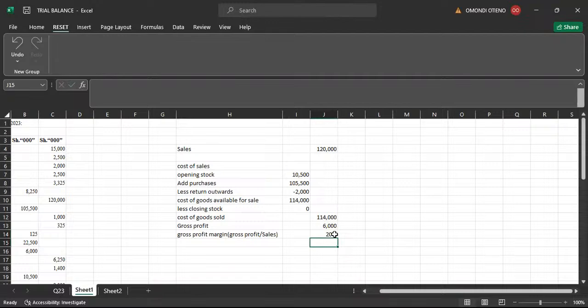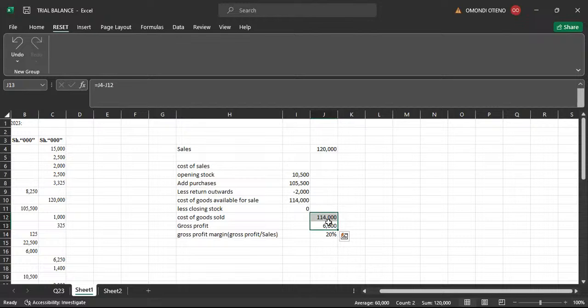So this value here, this 6,000, should be 20% of sales, which means our cost of goods sold should be the remaining percentage. If I add gross profit back to cost of sales, I should be able to get my sales value. So the other portion that is missing before I arrive at gross profit should be the cost of goods sold.